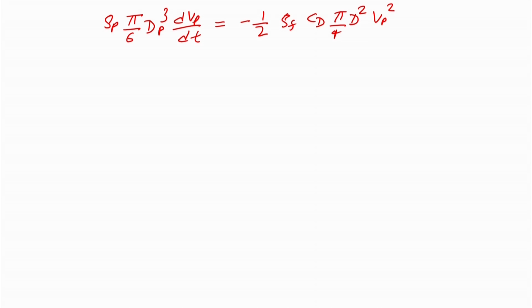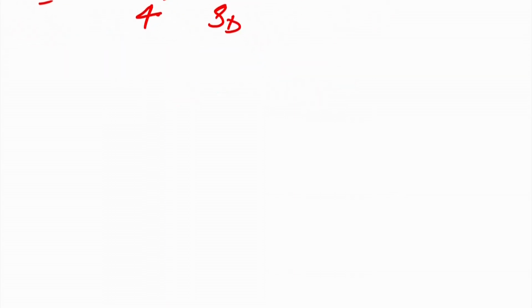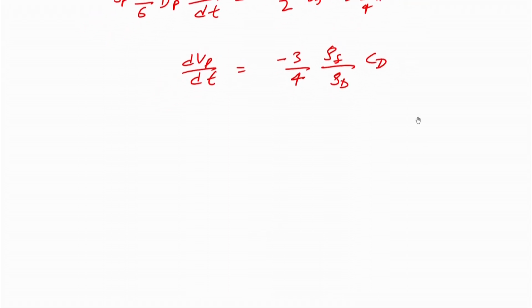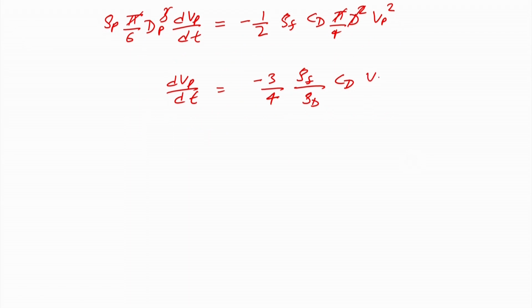So, this pi will be cancelled out, and d p square and d p cube will also cancel, leaving one d p. So, dV p upon dt will be written as minus 3 by 4 rho f upon rho p into C d into V p square upon d p. We can write it in this form.